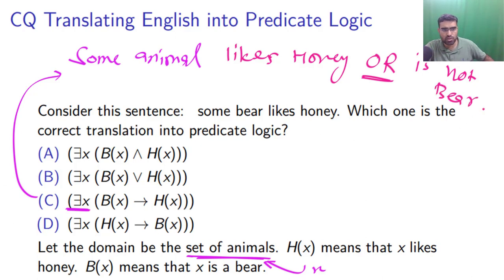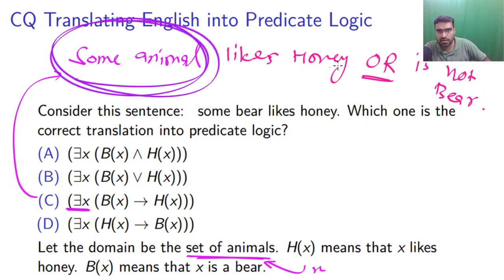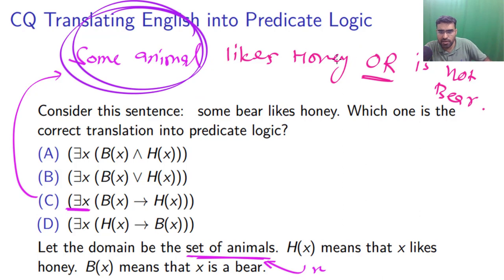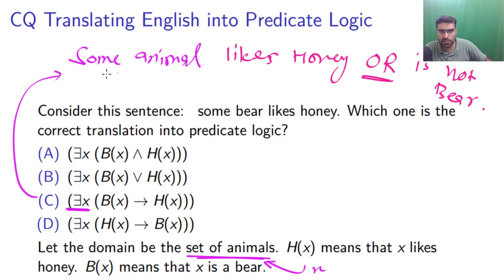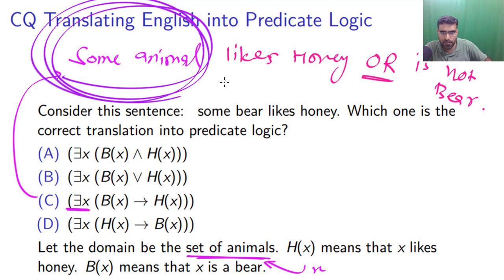This is the translation of option C. Option C is saying that there is some animal who either likes honey or is not a bear. So you have this type of animal who likes honey or is not a bear.